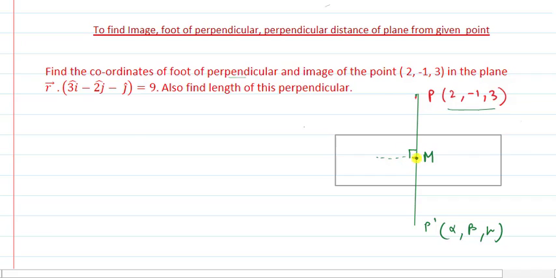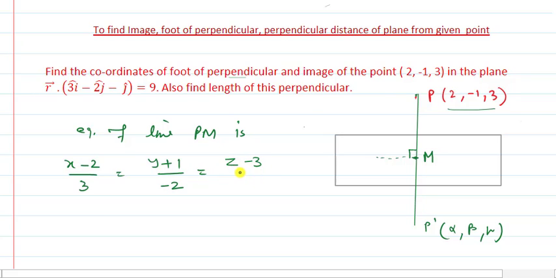So, let us write the equation of line PM: x minus 2 upon 3, where the passing point is 2, that is x1, and A is 3, is equal to y plus 1 upon minus 2 is equal to z minus 3 upon minus 1 is equal to lambda.